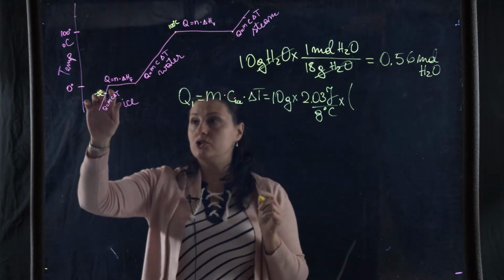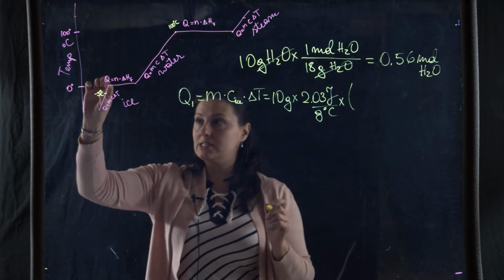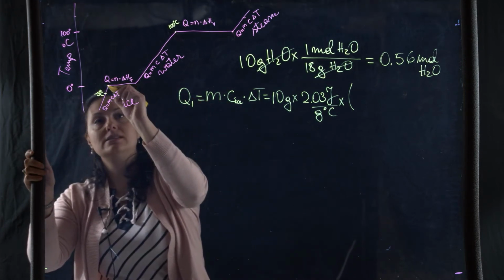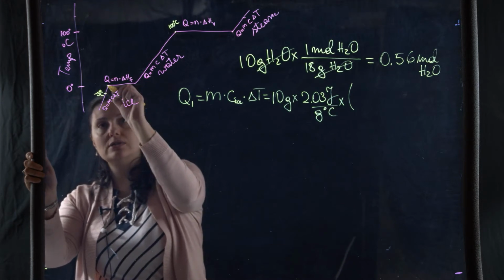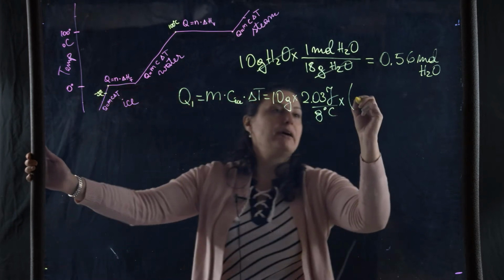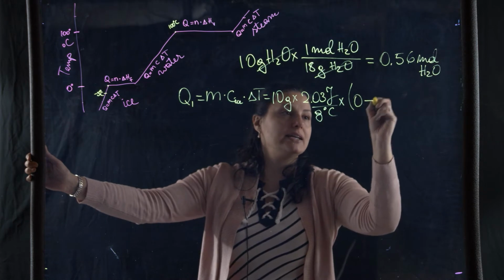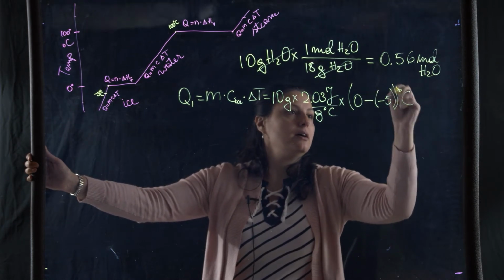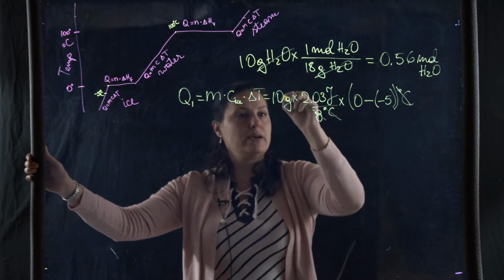My final temperature is 0, right? For this little bit here, I end up at 0 before I start the melting part. So 0 is my final temperature minus a minus 5. My degrees Celsius will cancel, my grams will cancel.